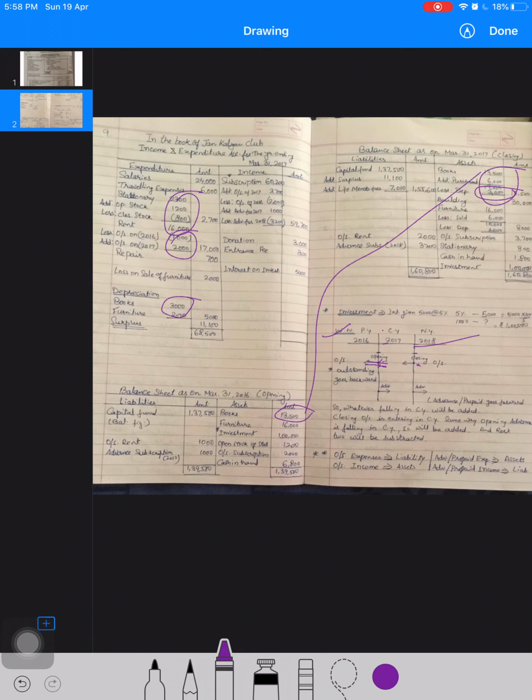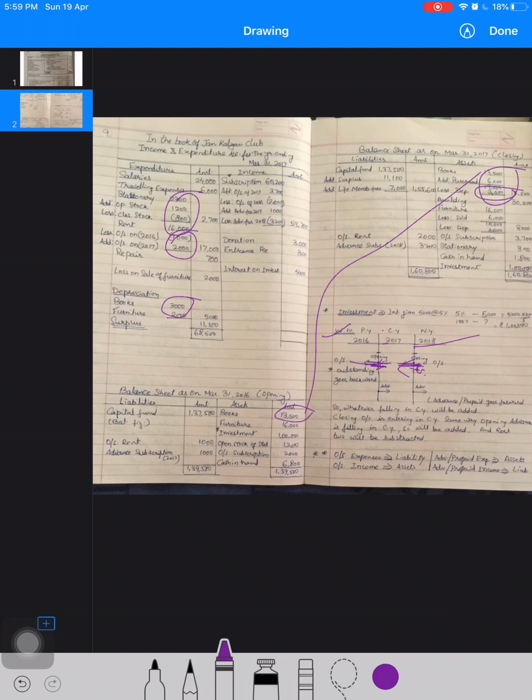If it is told that on 1st April 2017, at the beginning of 2017, something is being told, that means it is actually of last year, it will take a backward step. If something is told on 31st March, on the closing day, then again it is going backward, but it is entering our current year, that means this is for this year.